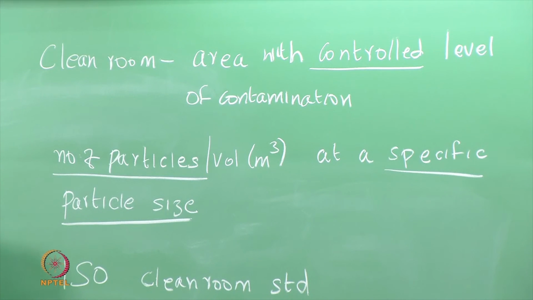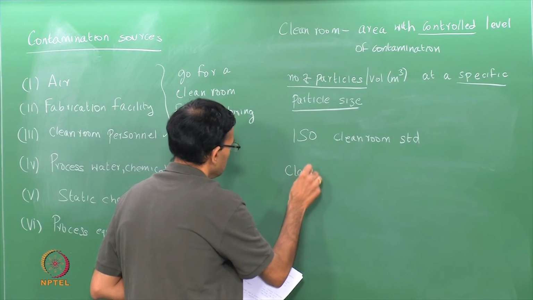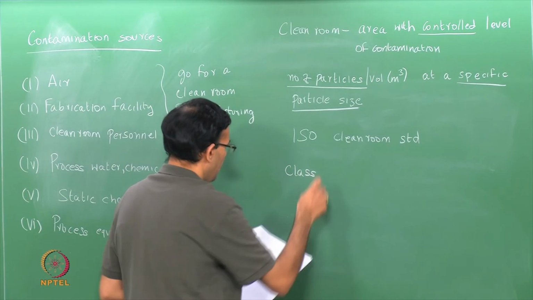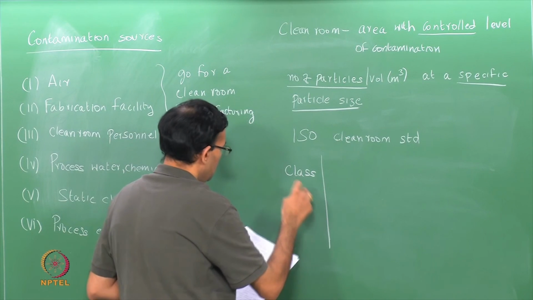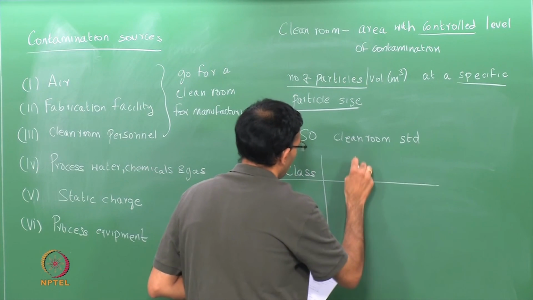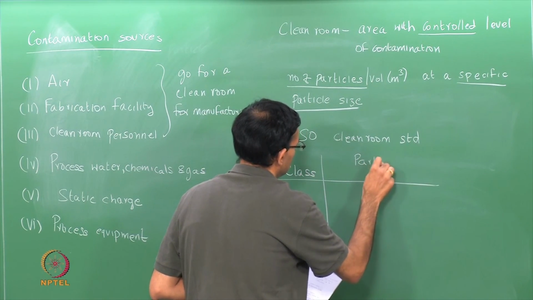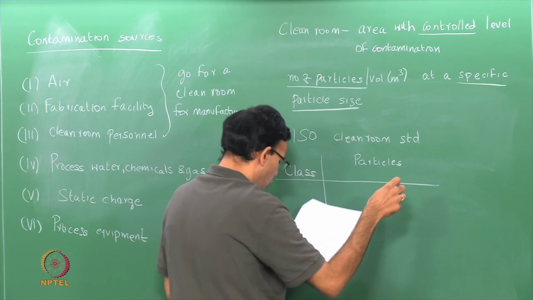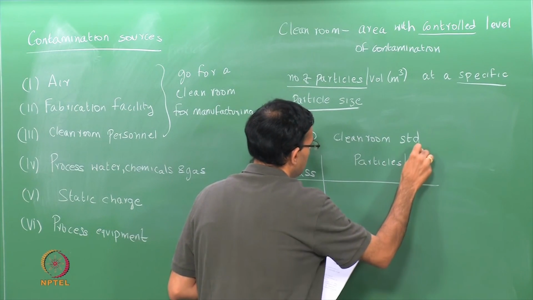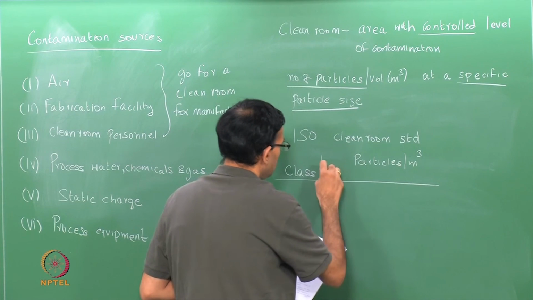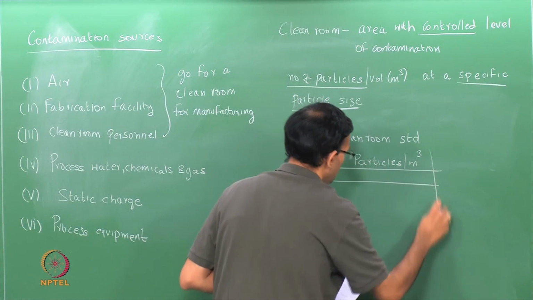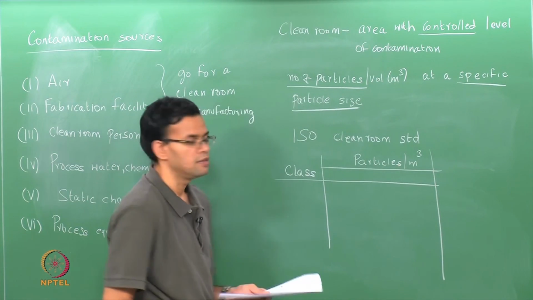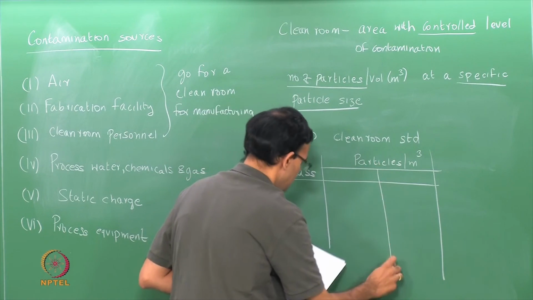Based upon this, you have different classes of clean rooms. We will talk about class. So, talk about particles per unit volume. So, particles per meter cube, and we also said that we need to specify the size.